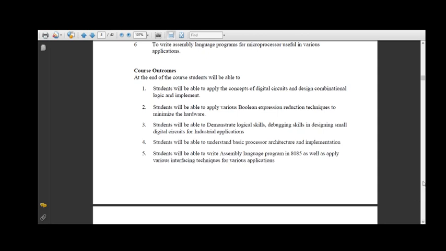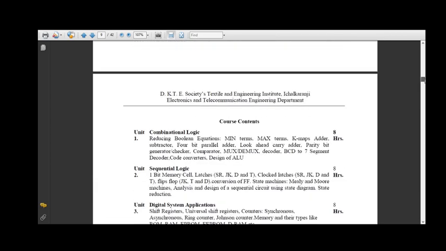So, as far as the digital electronics part of this subject is concerned, these are the major outcomes for the students. Content-wise, as the first unit of this subject we are going to see the various combinational logic circuits such as the adder, subtractor, look ahead carry adder, parity bit generator, comparator, mux, demux, decoders, and the ALU design.